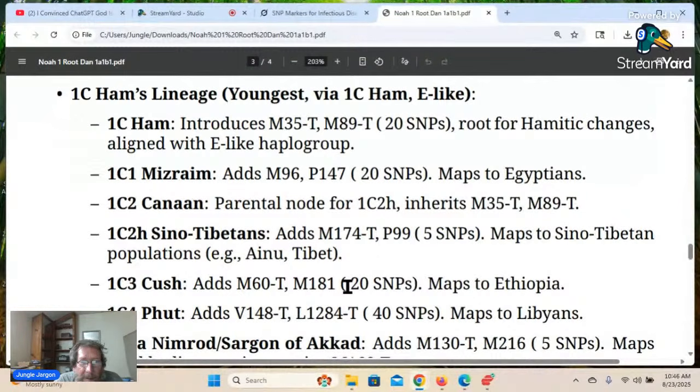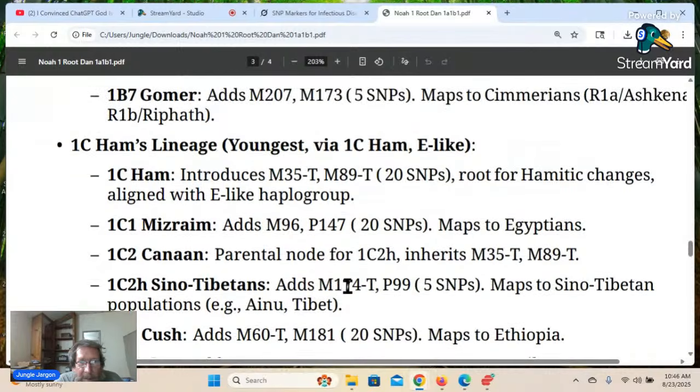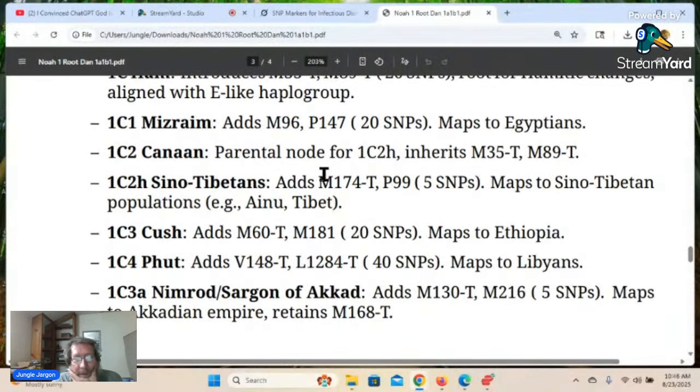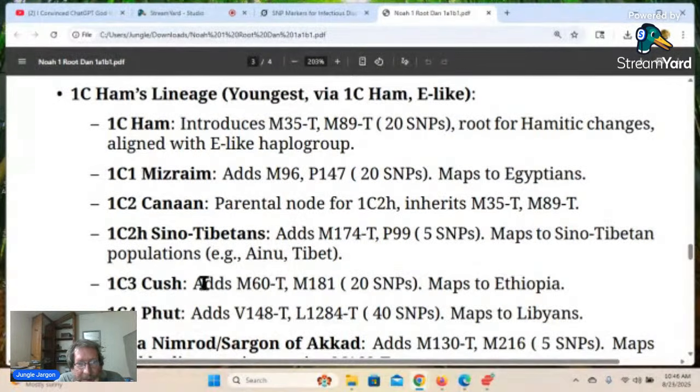but it's not identified. Well, maybe in the Ham it'll say. It doesn't say what it adds. Let me see. Cush, it adds these, but it's supposed to have an SNP marker. Maybe it's Ham. Yeah, it's this one here, M89T.